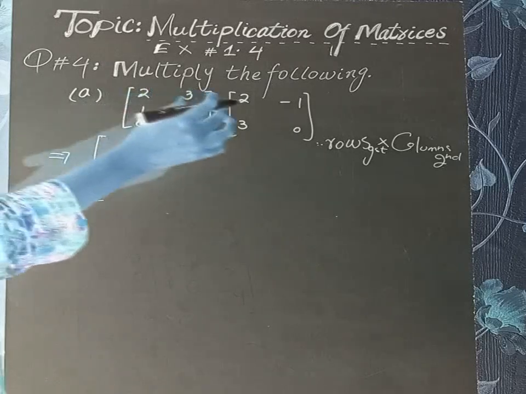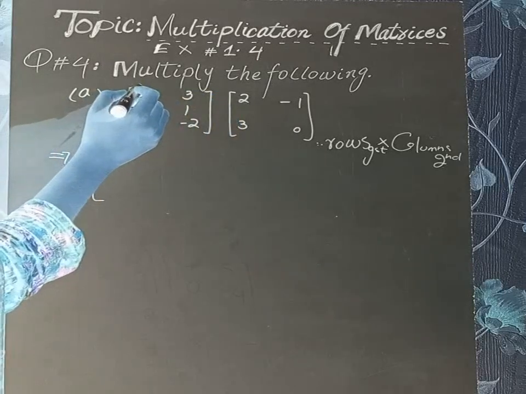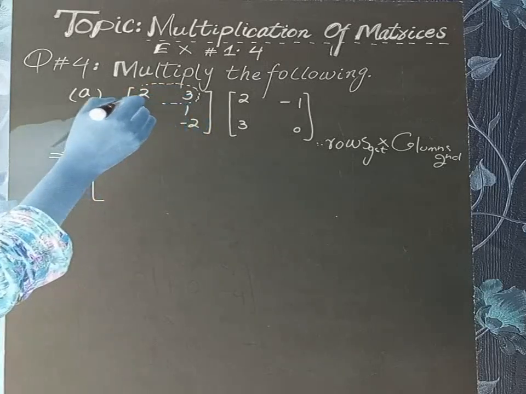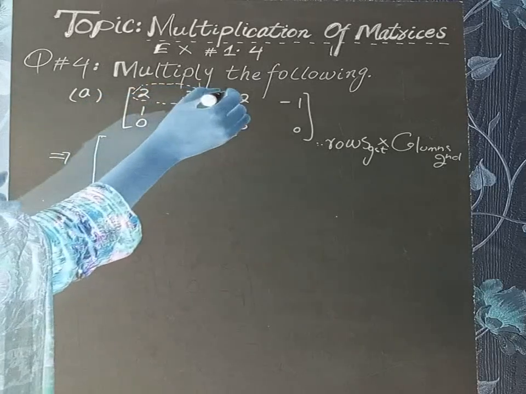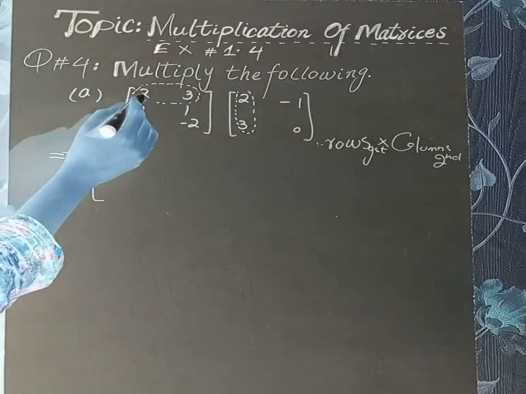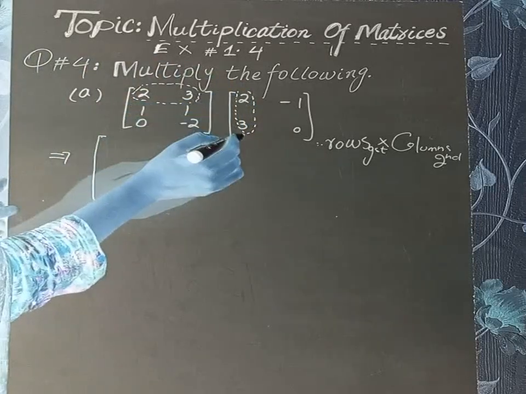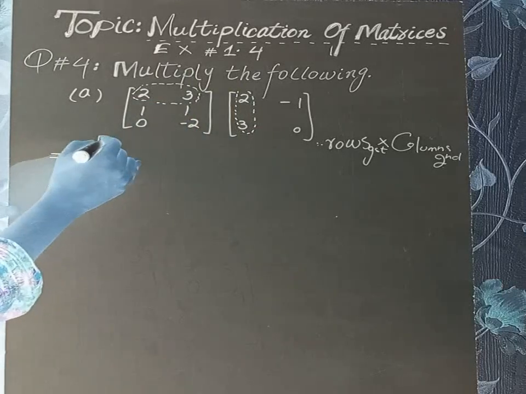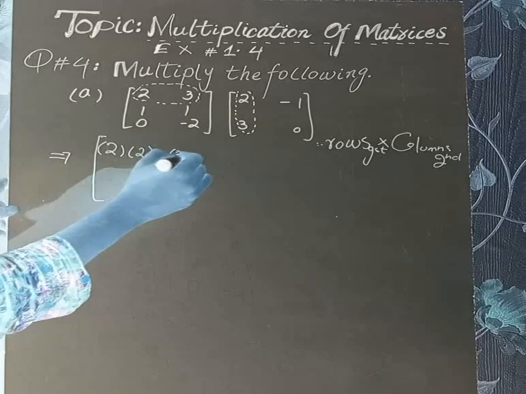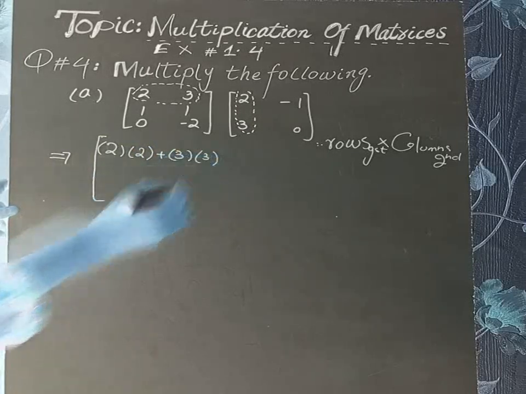The first row 2, 3 is going to be multiplied by this column: 2 multiplied by 2, 3 multiplied by 3. 2 into 2 plus 3 into 3.